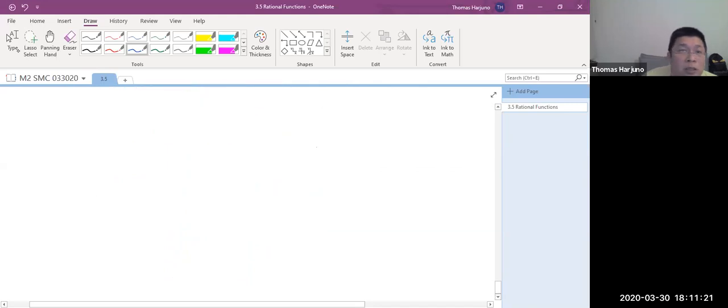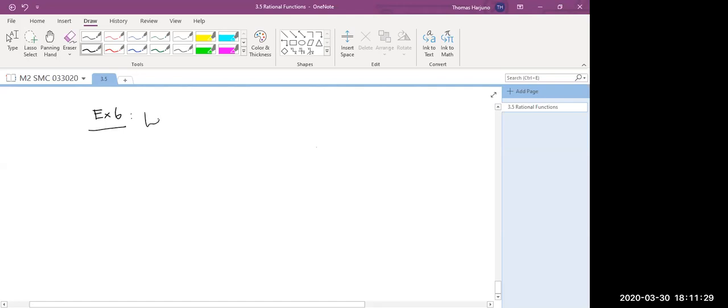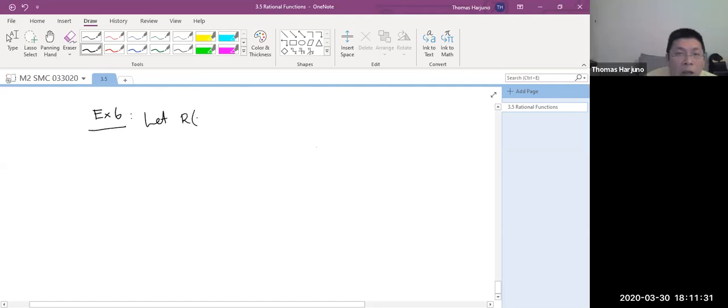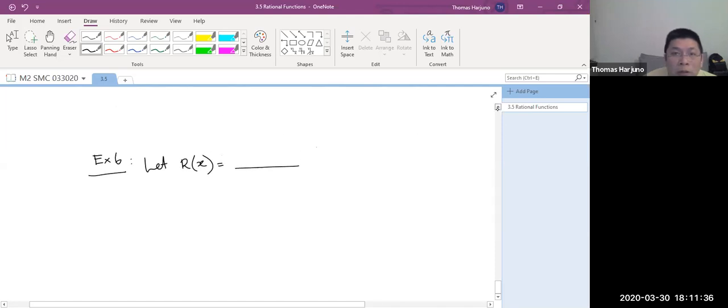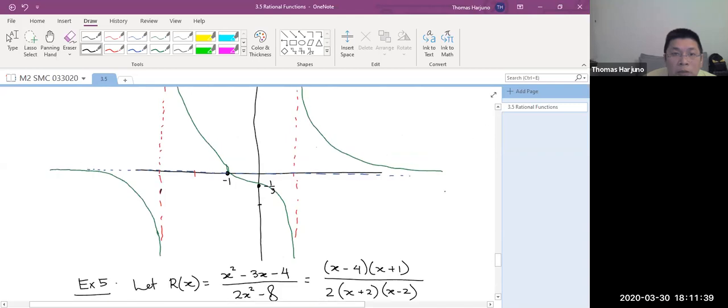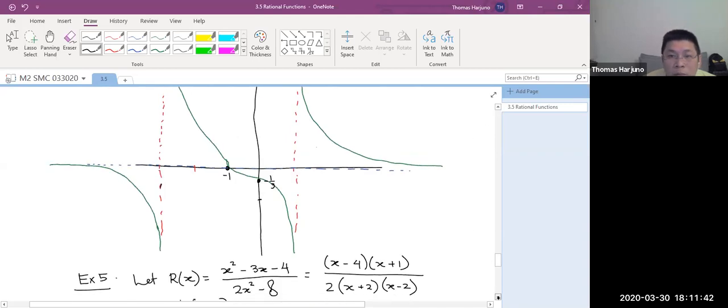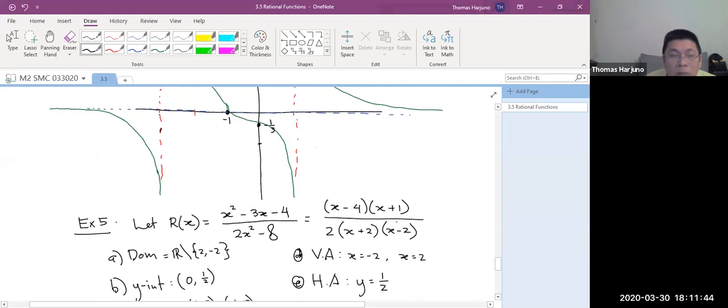Now, let's deal with the one with holes, for example. Example 6. Let R(x) equal, what did we have earlier? I want to copy paste that. Let me just use this one.